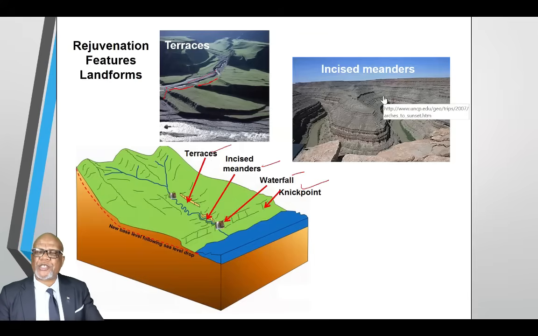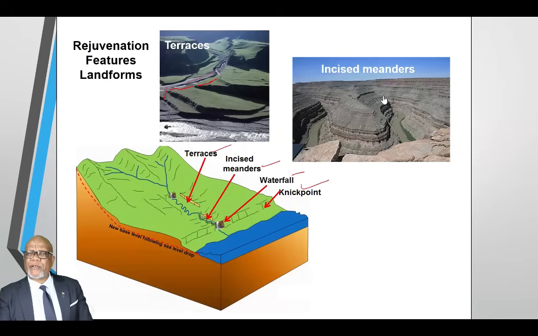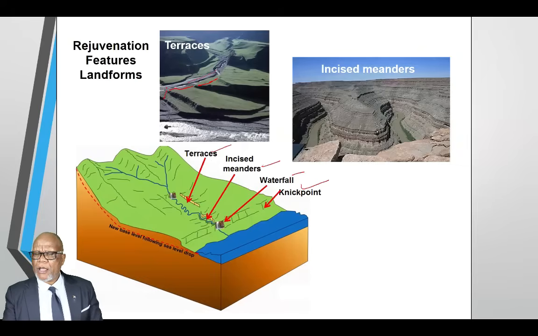The meanders just got deeper because the river was meandering and then it lost energy, then it gained energy to erode vertically again. When it gains energy to erode vertically again, we call that process rejuvenation. So once that happens, it means the meanders are going to be deeper. Those meanders that are deeper, we call them incised.